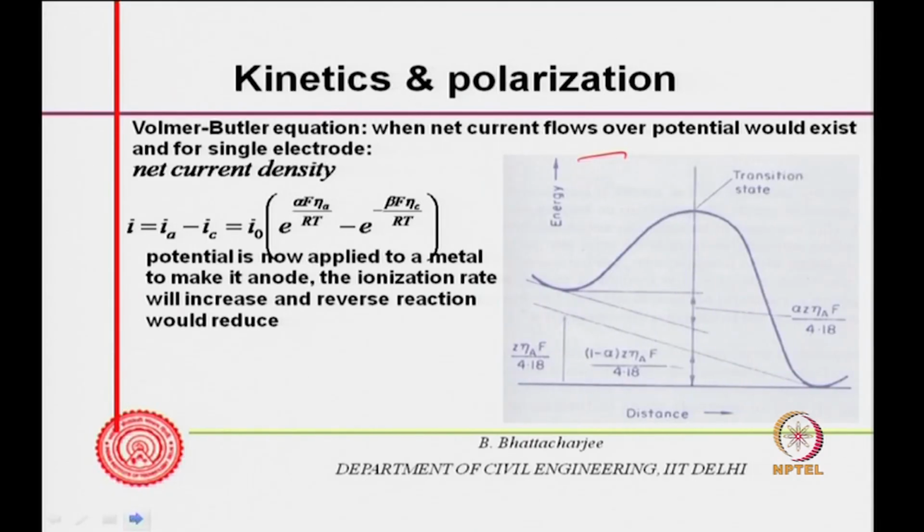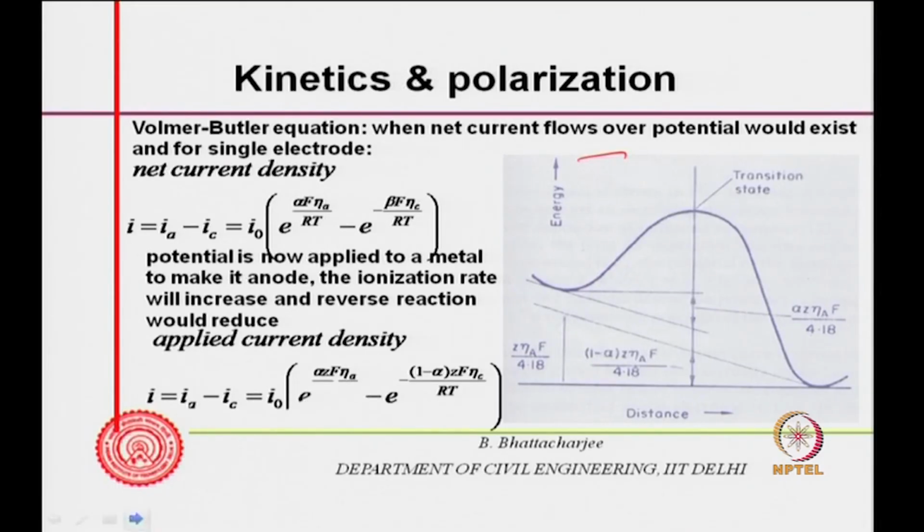So, in a given single electrode, if I try to increase the anodic current, the cathodic current will reduce, and the relationship of beta and alpha is beta equals 1 minus alpha. This is the Butler-Volmer equation for a single electrode.